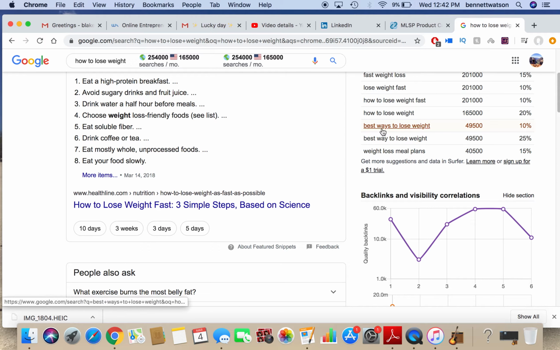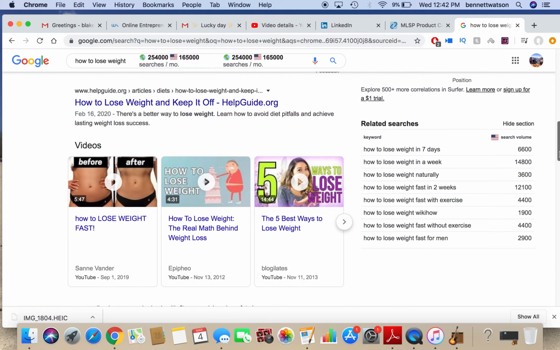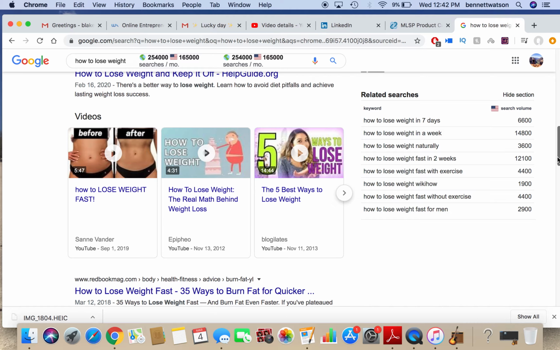So look at all these different keywords that you have, and you know exactly what people are looking for. Some of these are really high volume keyword searches, but I would recommend anything that's over 100 searches per month.